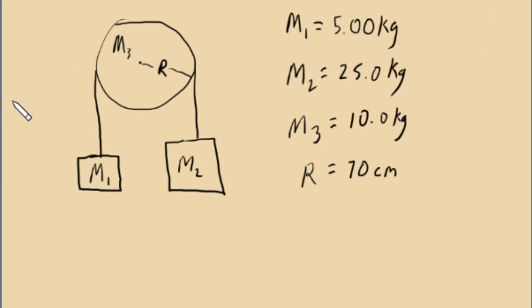So if we think about where all of our forces are in this, if we look at mass 1, we have this force, mass times gravity, downwards, but now we have this tension upwards, tension 1, that's the force that is getting this pulley to rotate.